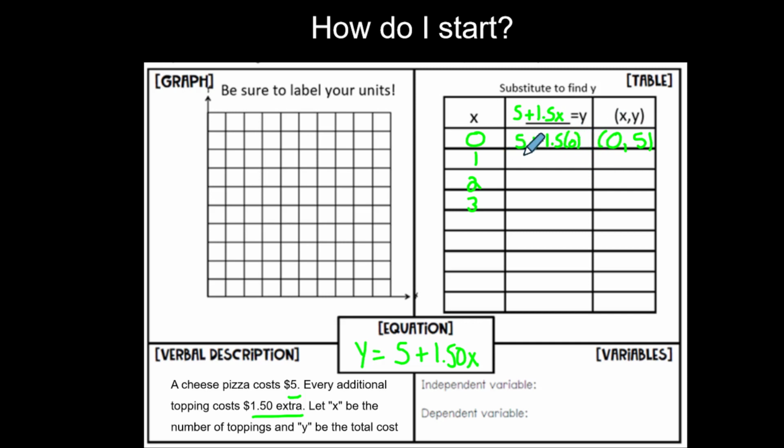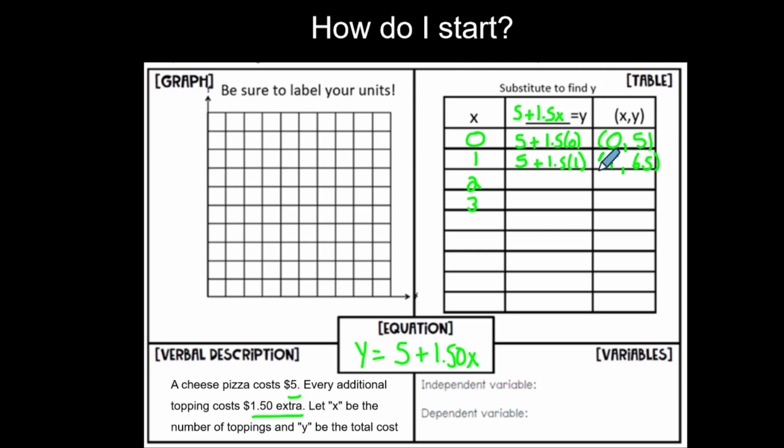So let's try 1. We have a $5 pizza plus $1.50 for every topping. I only want 1. So when you have one additional topping, you would have $5 plus 1.5 times 1, which is $6.50. So when you have one additional topping, your pizza will cost $6.50.